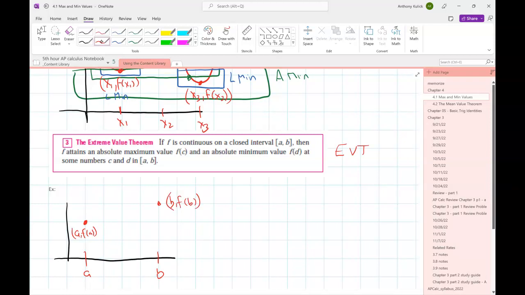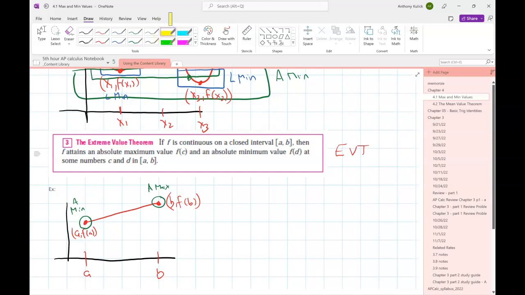If it's continuous on that interval, that means I should be able to connect a and b without picking up my pencil. Maybe it looks like that. Where's the maximum and minimum going to be on this? There's my min, and there's my max.